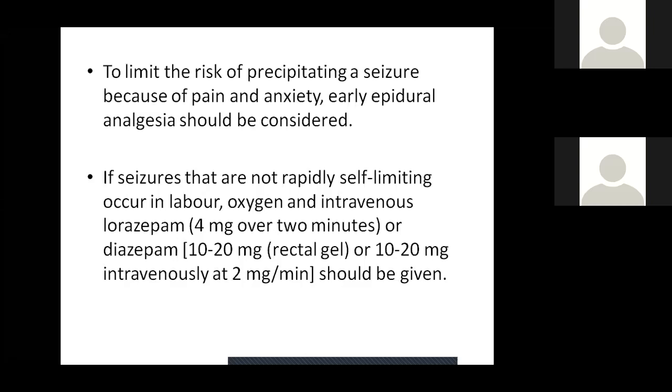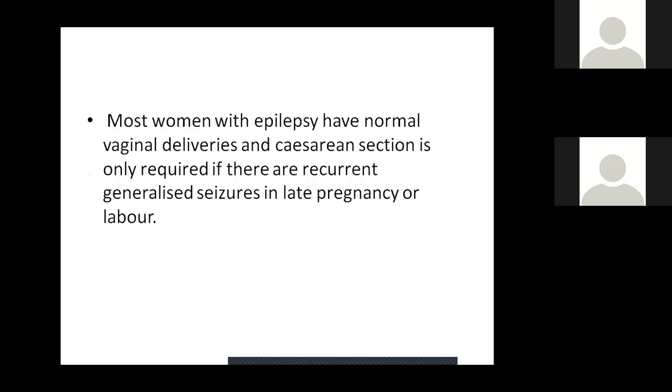If seizures that are not rapidly self-limiting occur in labor, oxygen and IV lorazepam or diazepam 10 to 20 milligrams intravenously should be given to sedate the patient and to reduce the anxiety and pain, to avoid precipitation of severe seizure activity during labor. Most women with epilepsy have a normal vaginal delivery, and cesarean section is only required if there are recurrent generalized seizures in late pregnancy or in labor.